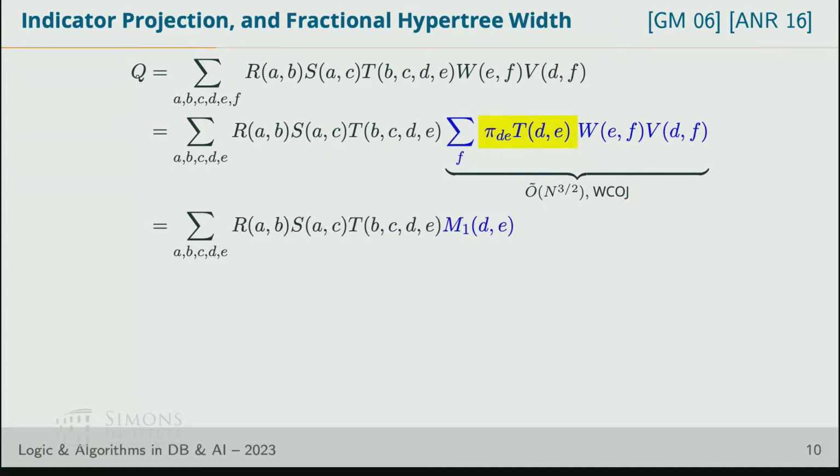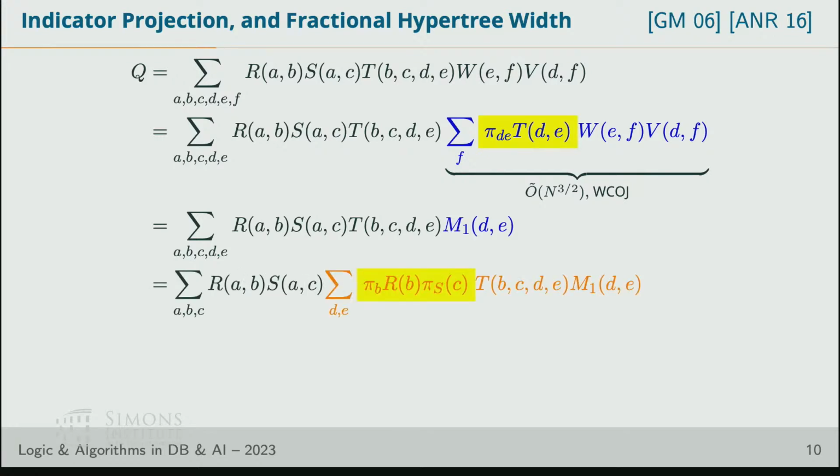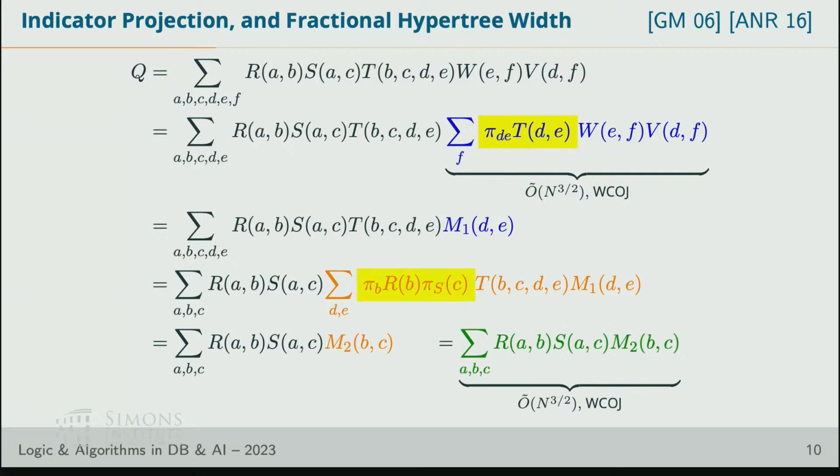Okay, so now that we have that, then we have a new factor, because we have marginalized away F. So now we have a function or a factor m1, and then we play the same game again with some projection from the outside. So we have a new factor m2. And finally, here we end up with kind of a triangle query again.